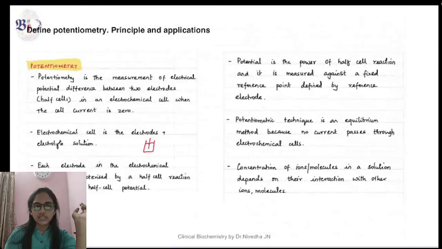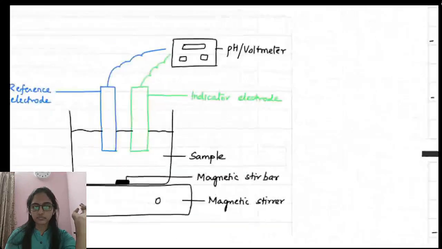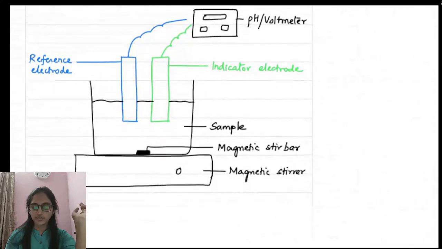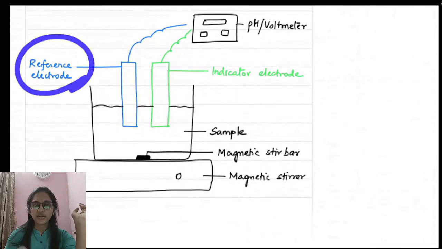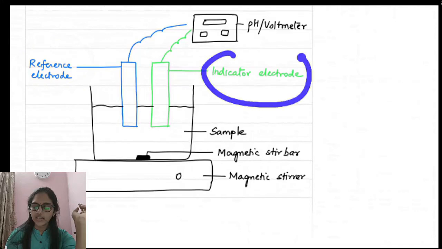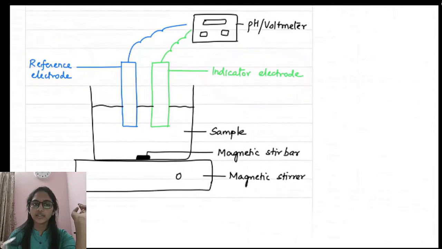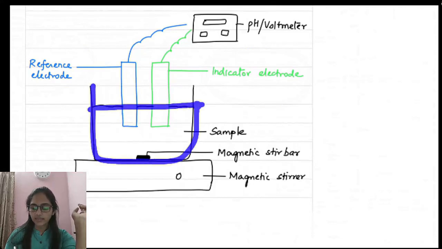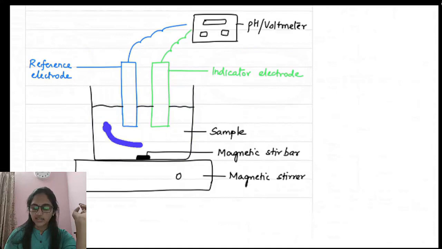So now this is the diagram. Here, what can you find? First thing is I have a reference electrode. Second is I have an indicator electrode. The indicator electrode is the one that will react with the sample solution. But both of them are dipped in the sample solution only. Yes, this is the sample solution.